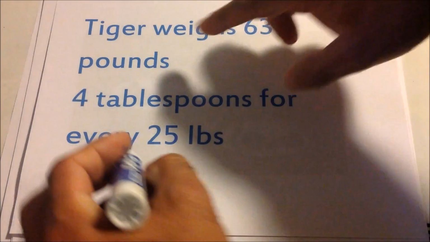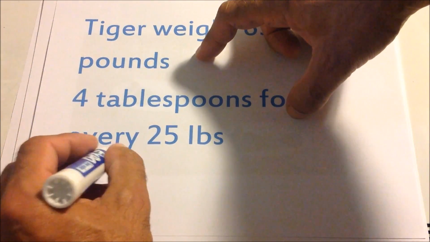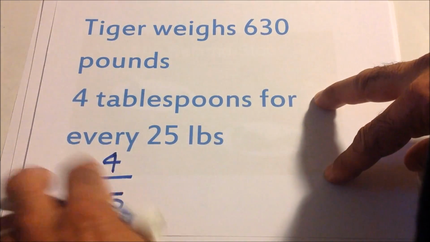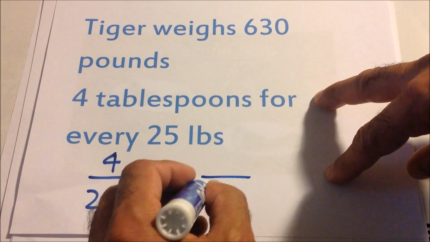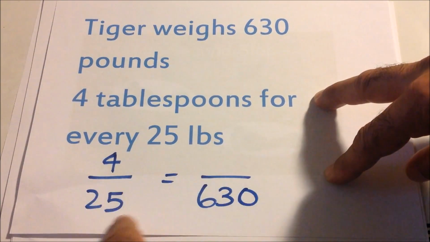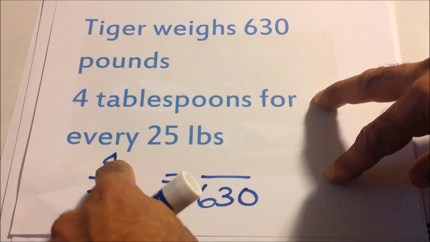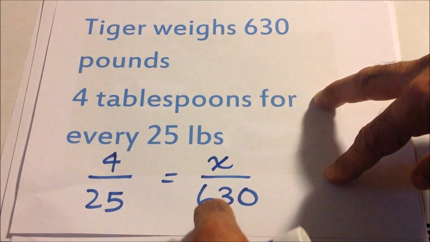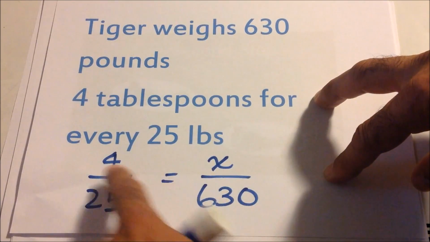We can write equivalent ratios here. 4 tablespoons every 25 pounds. And he weighs 630 pounds. 4 tablespoons, 25 pounds. How many tablespoons for 630 pounds? There's our equivalent ratio.